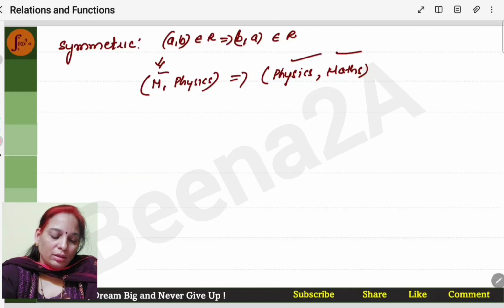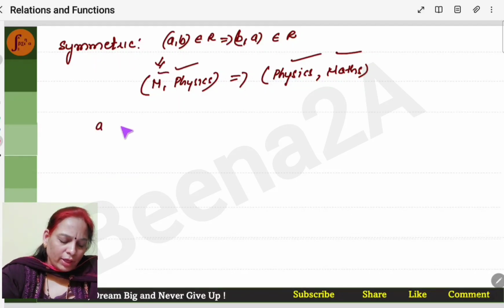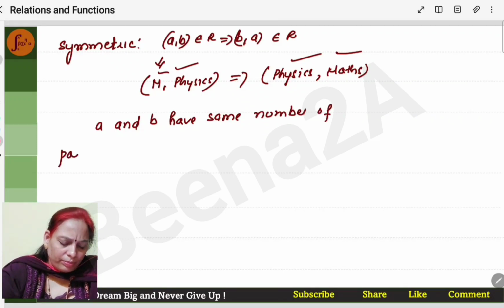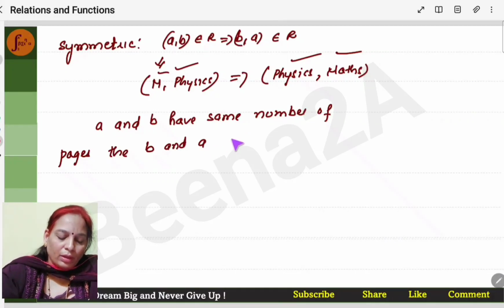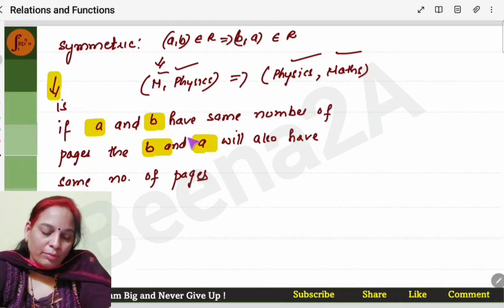Therefore, it is symmetric. So we write: R is symmetric because if A and B have the same number of pages, then B and A will also have the same number of pages.